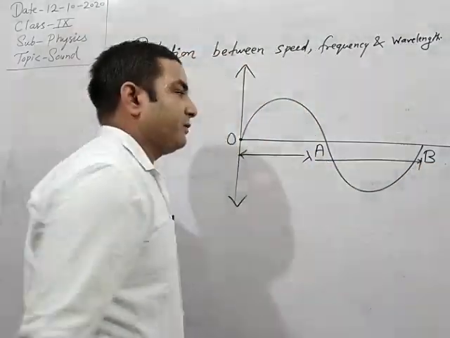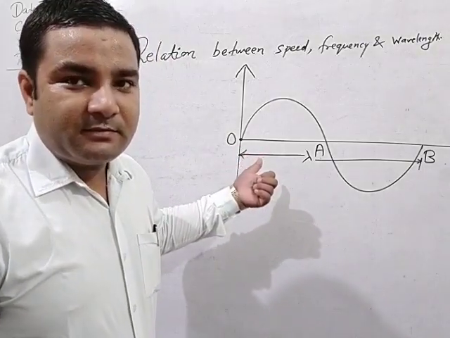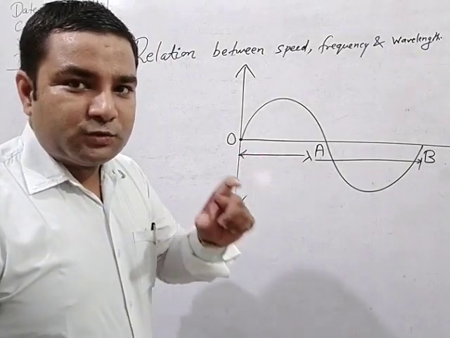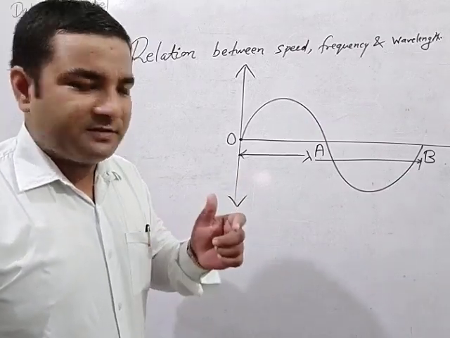Number one, wavelength, that is the distance between two consecutive particles in the same phase.